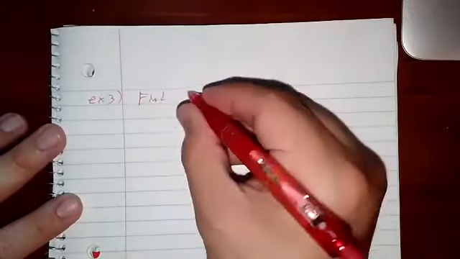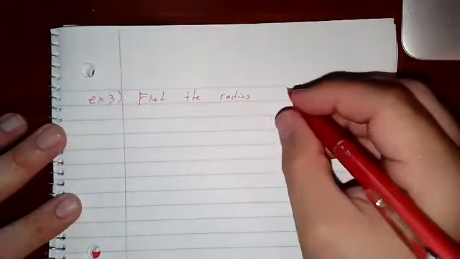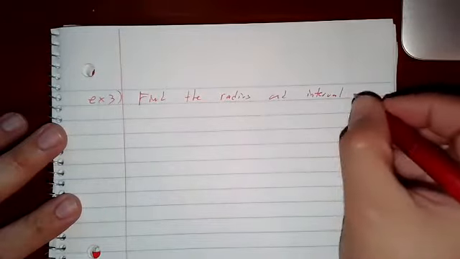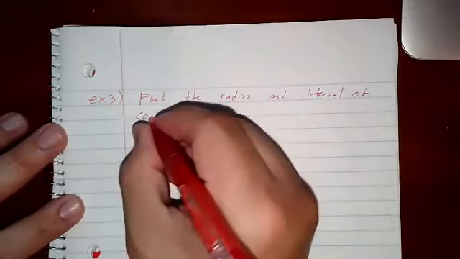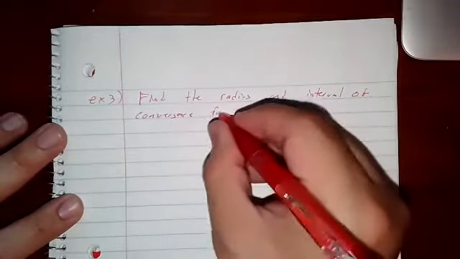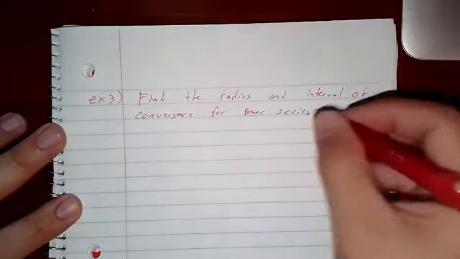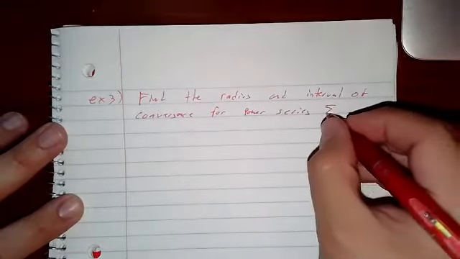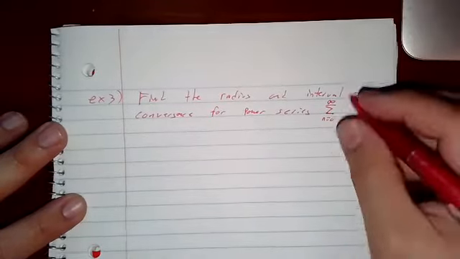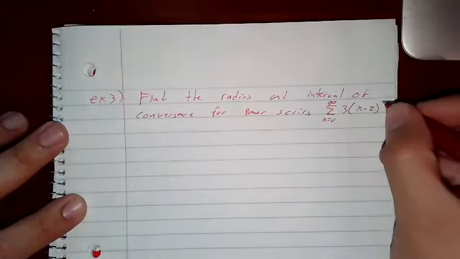So the question is, find the radius and interval of convergence for the power series, the sum of 3 times (x minus 2) to the n.